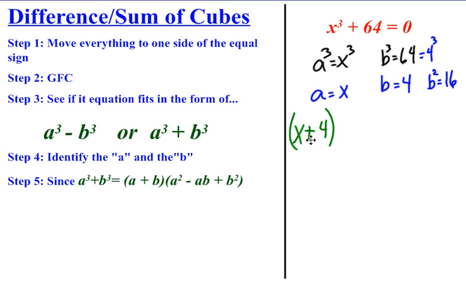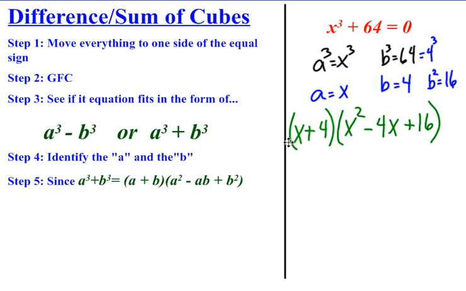So our a plus b says x plus 4, parentheses, a squared is going to be x squared minus a times b, so minus 4x, plus our b squared, which we found was 16.